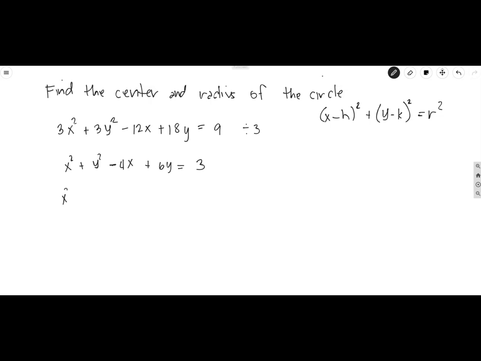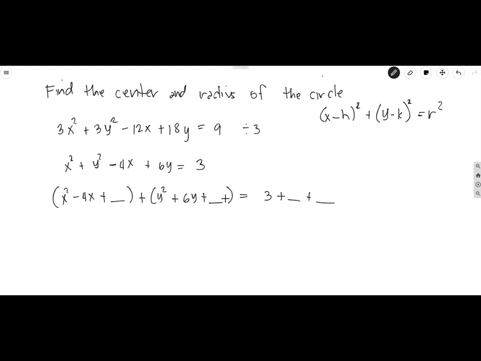So we have x squared minus 4x plus, so that we can complete the square, and then you will write plus y squared plus 6y plus, whatever you will add here to complete the square, equals 3 plus the one that you're going to add in the value of x plus whatever you're going to add in the value of y.